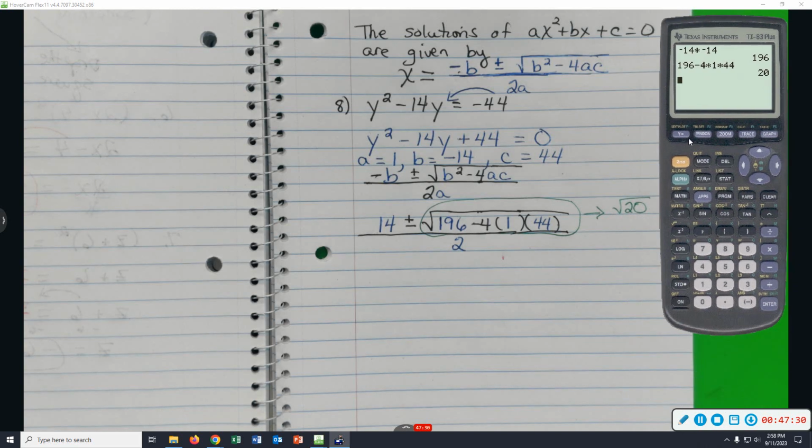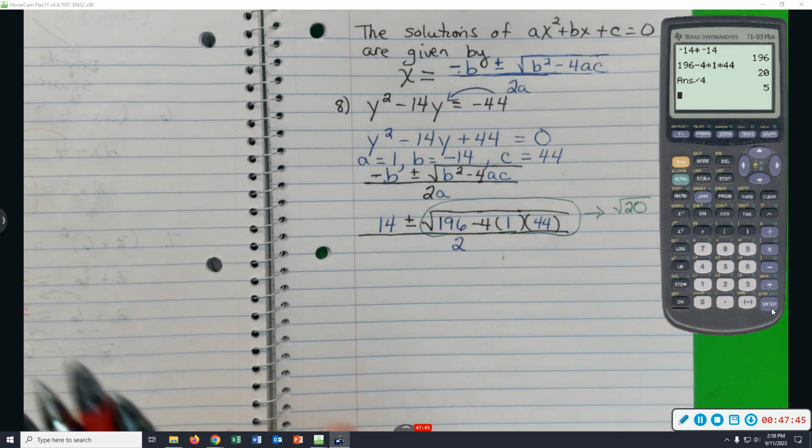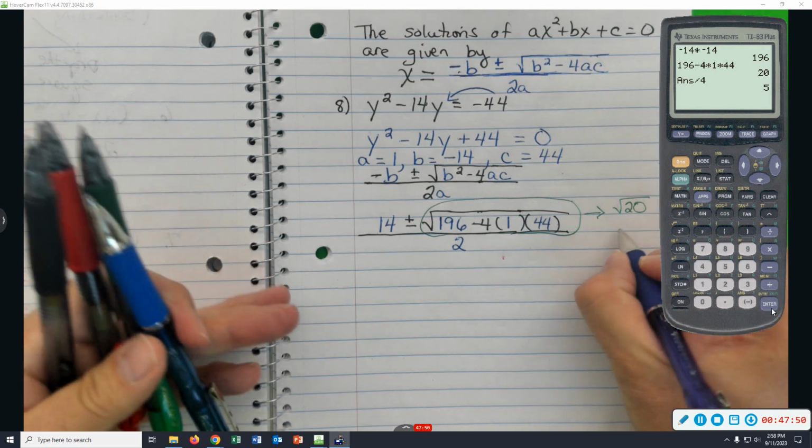So, okay, square root of 20. Can I simplify that? What perfect square divides evenly into it? 4. I think that's the only one. We think of 20 as 4 times 5, and this is the stuff we were doing on day 1. Once again, this stuff builds.